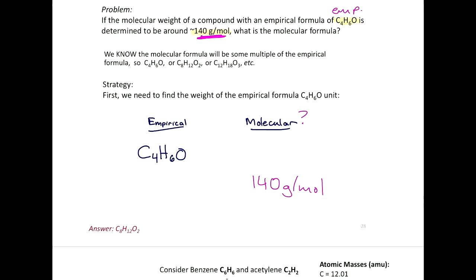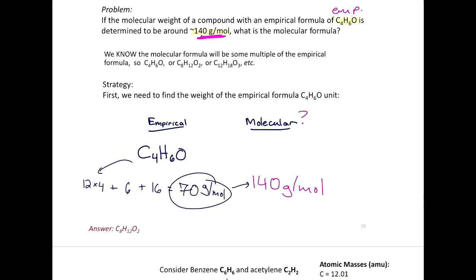So I recognize there's 4 carbon atoms, so 12 times 4. There's 6 hydrogen atoms, so we're going to add 6 grams, and then add an oxygen atom, so 16. That empirical formula weighs about 70 grams per mole. Just one empirical formula. The whole molecule is some whole number multiple of that.